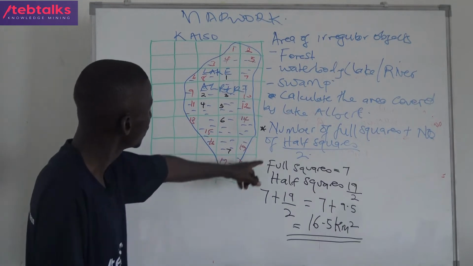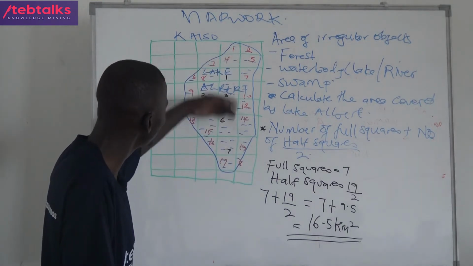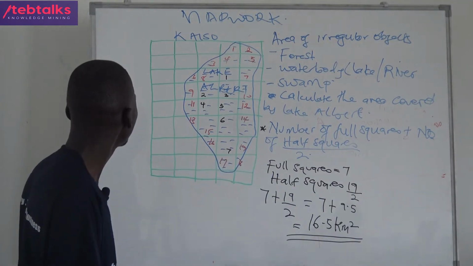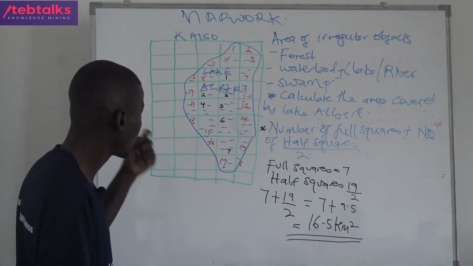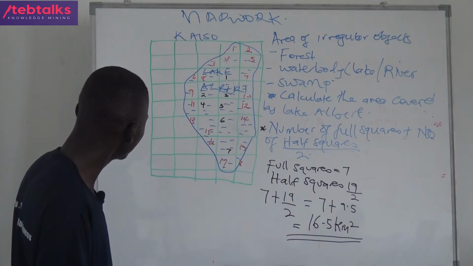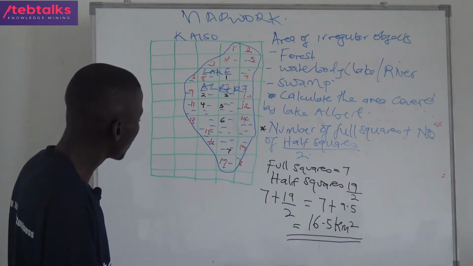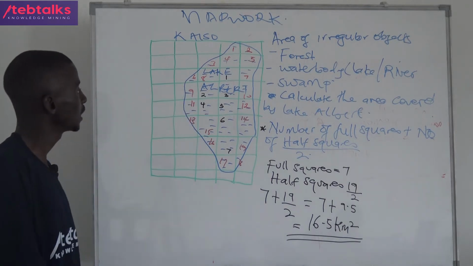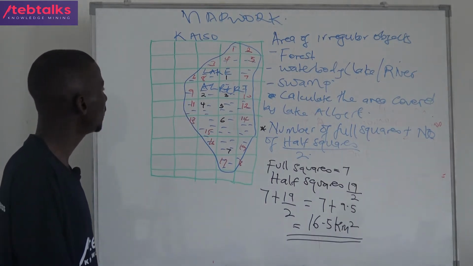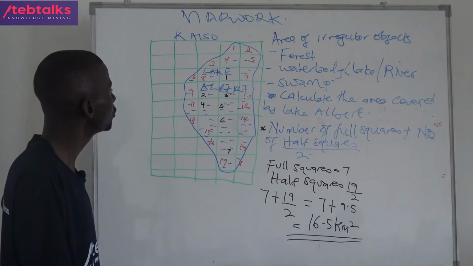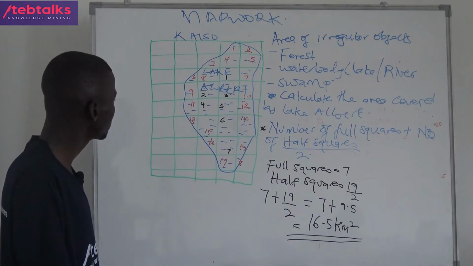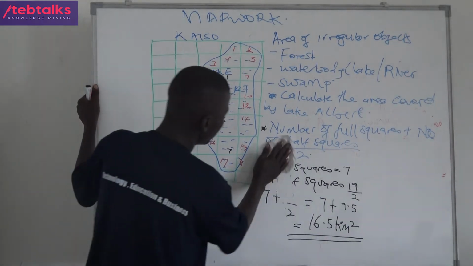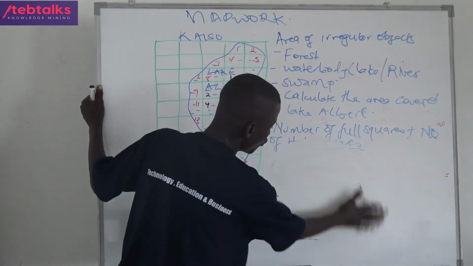So finally, after counting and going through the procedure, you give your answer in that form. You can also try your own at your own time, but basically that's how we get the area of irregular objects. So that one I think you have understood.